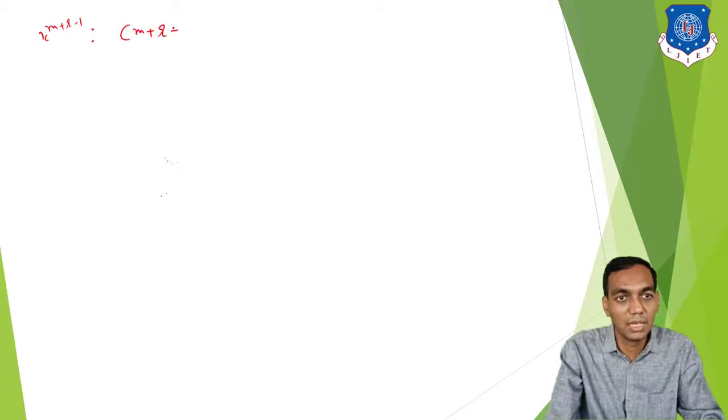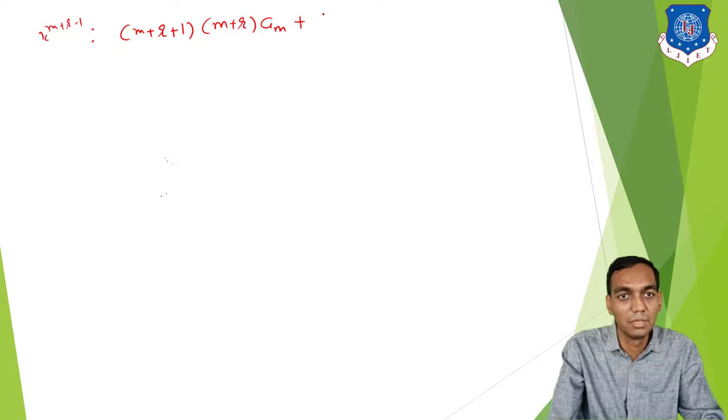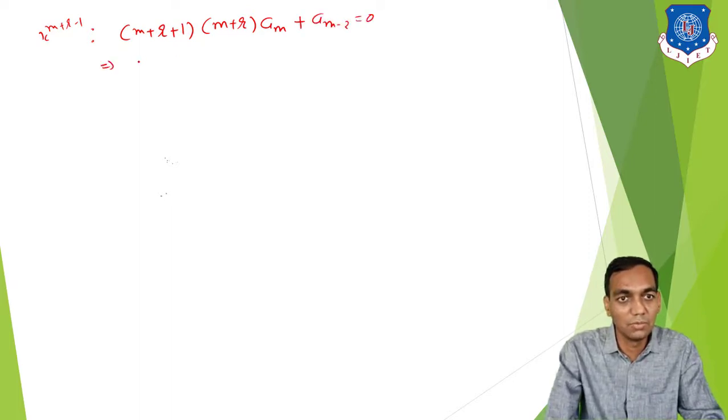Now we are going on to the general term. The general term x^(m+r-1) gives (m+r+1)(m+r) am + a(m-2) = 0, and we make the larger index the subject.